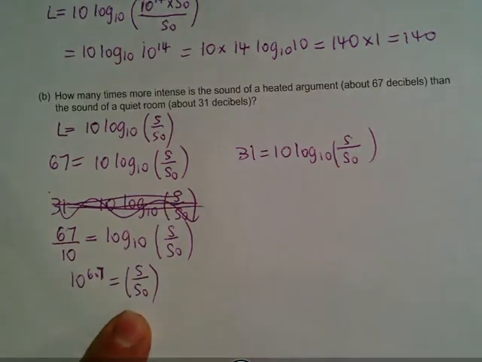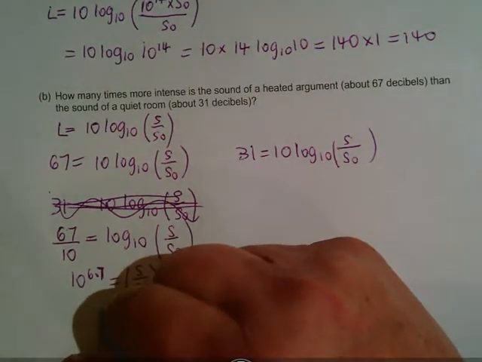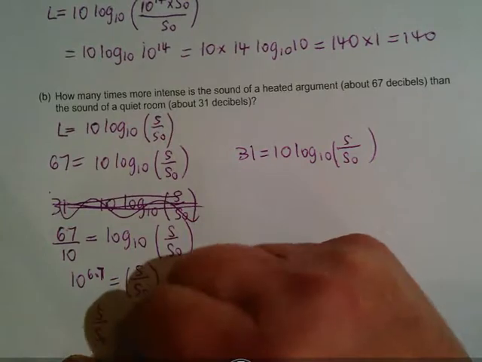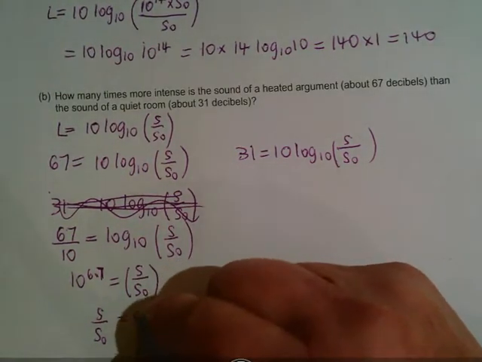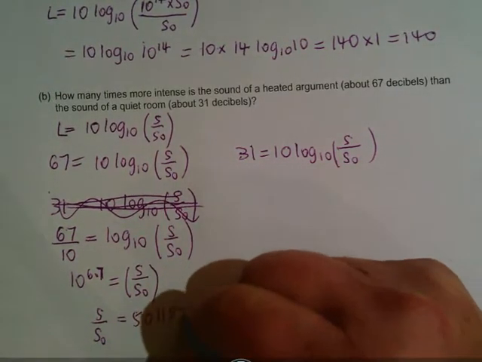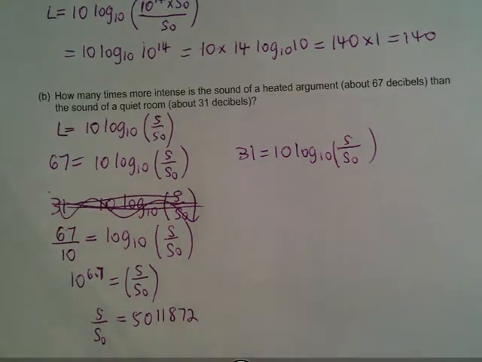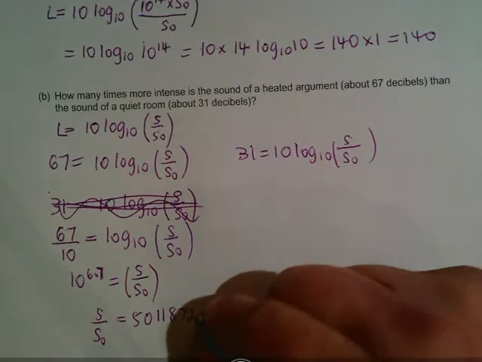We can just work out what that is. S over S sub 0 is 10 to the power of 6.7, which I'm getting as 5011872.336.